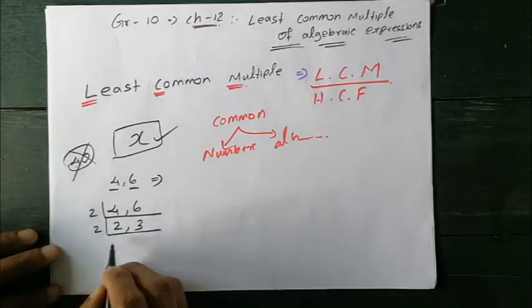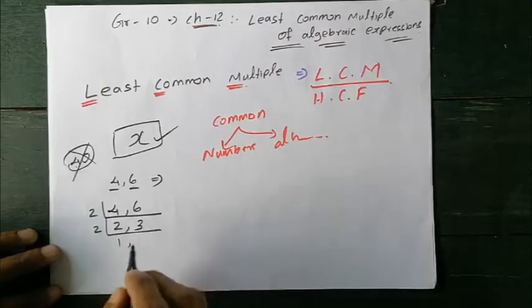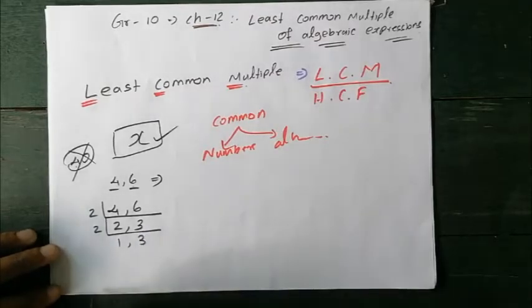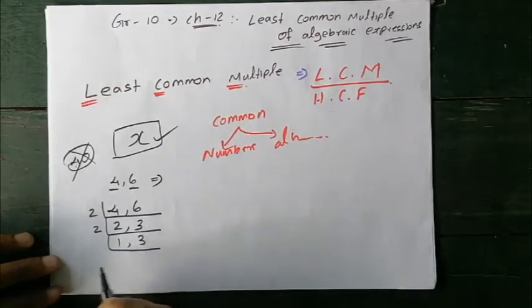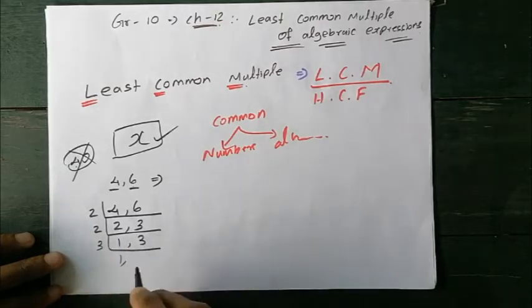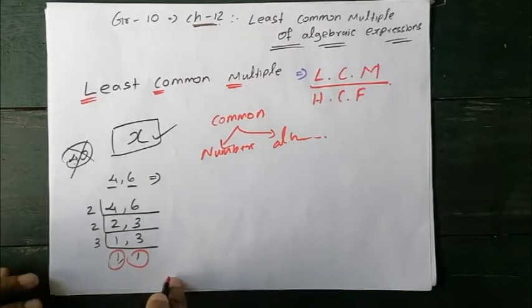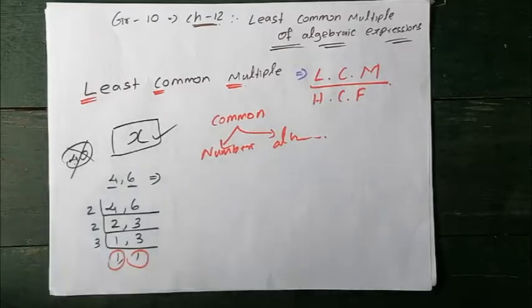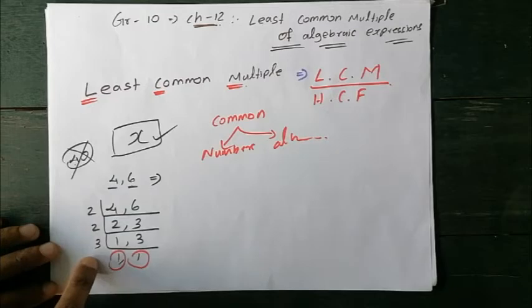Dividing 2 by 2 gives 1, we can't divide 3 by 2, so 3 remains. Then we divide by 3, so 3 divided by 3 is 1. The last result will be 1 and 1.